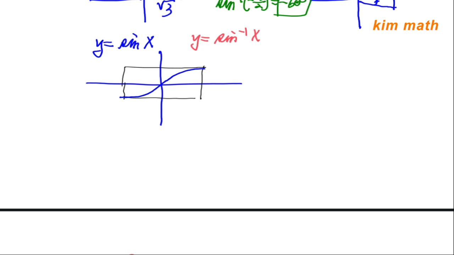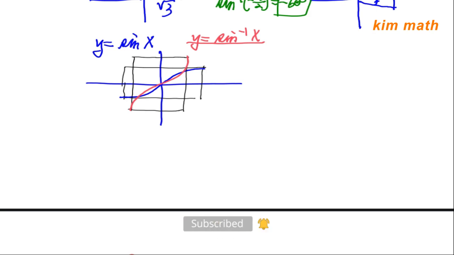We must sketch a new grid. Please note that their dimensions are slightly different, because pi over 2 is about 1.6 something, so slightly greater than 1. Now on this grid, we can sketch this one, which is here.